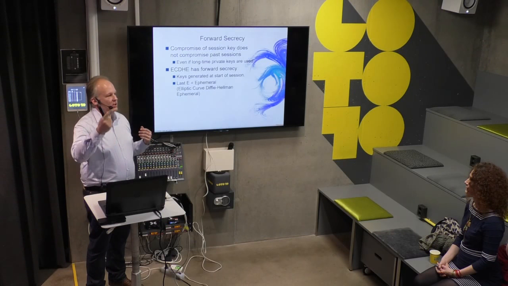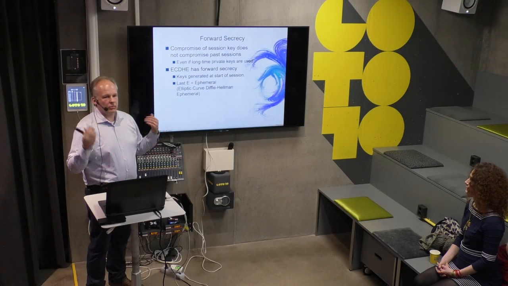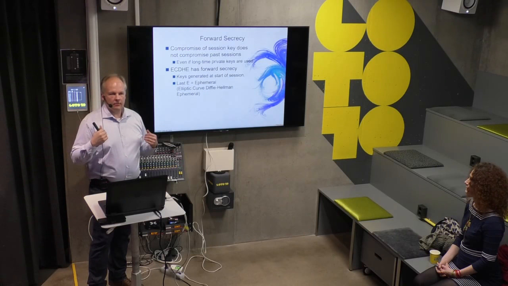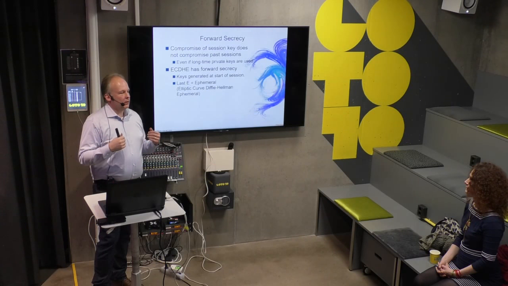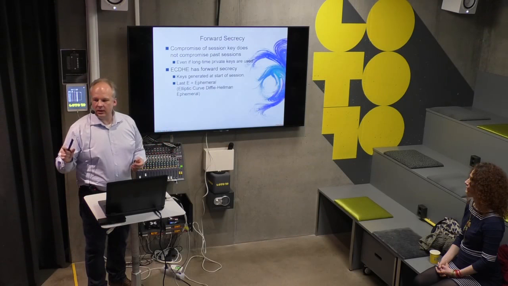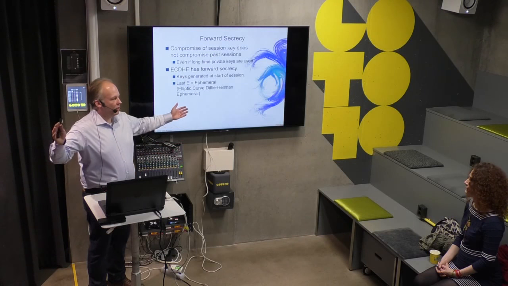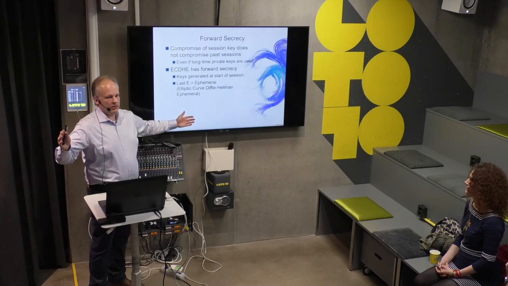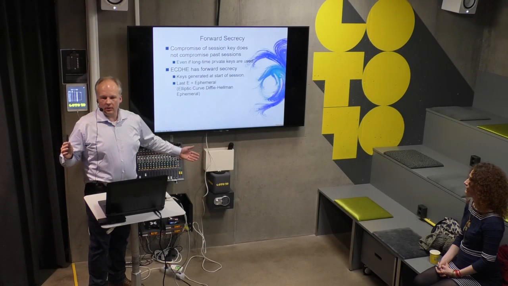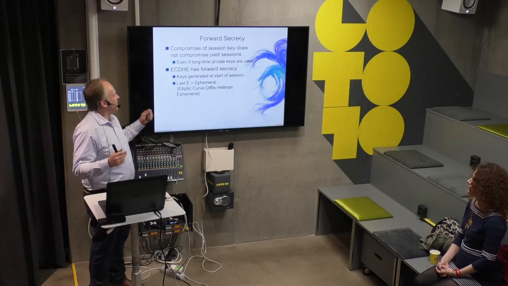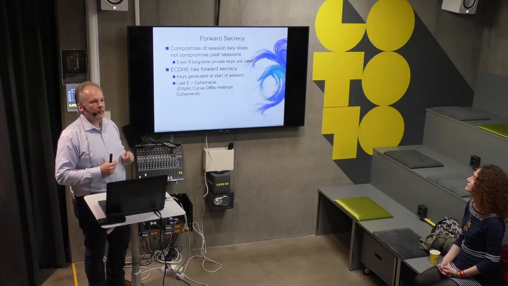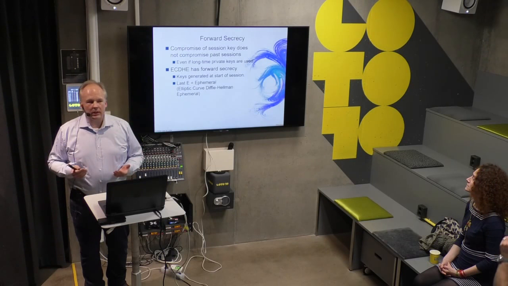You can say your forward sessions are secured and your previous sessions are secured. In very many systems, if a key gets compromised, the entire communication history gets compromised. This is not a good property. You want to create something called forward secrecy. Now, how do you do that?